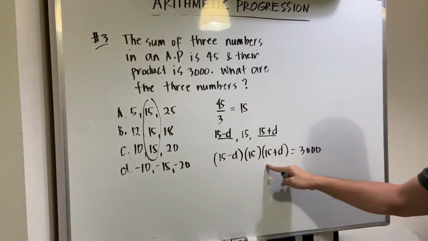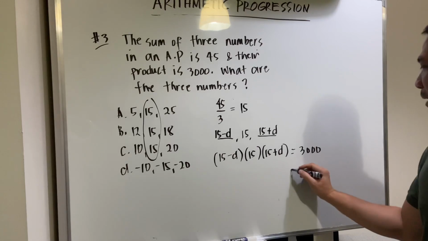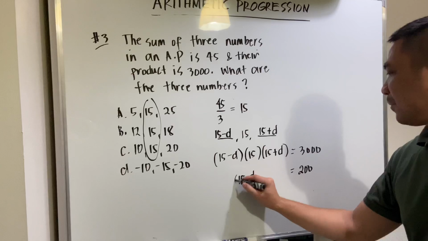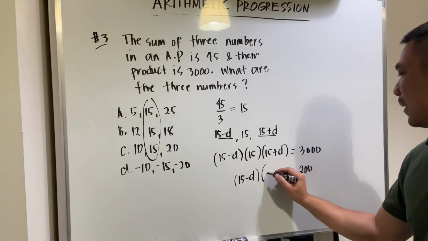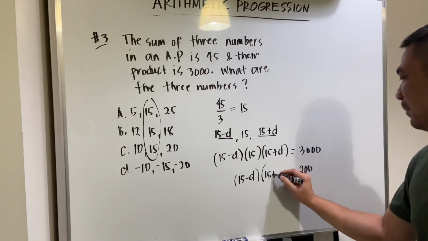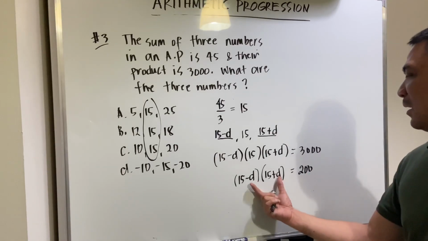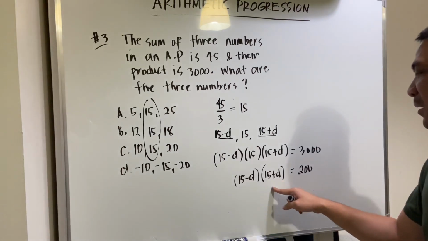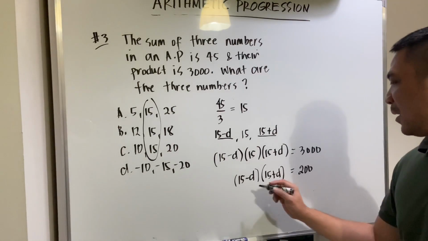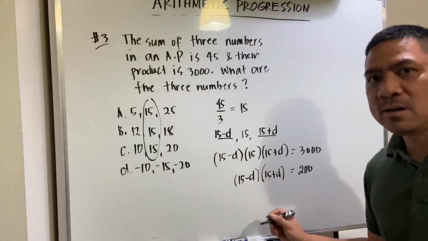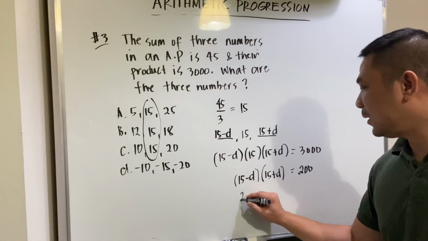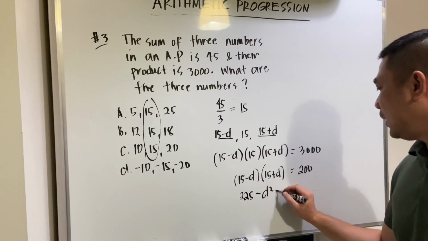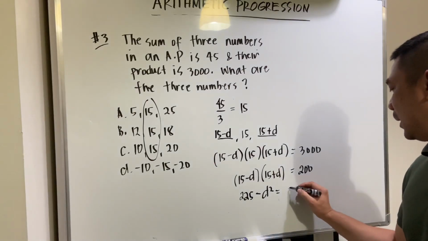So you can divide both sides by 15, that will give you 200 here. So 15 minus D times 15 plus D. Okay, so sum and difference of two terms, that means you get the square of the first term minus the square of the second term. So 15 times 15 is 225 minus d squared is equal to 200.